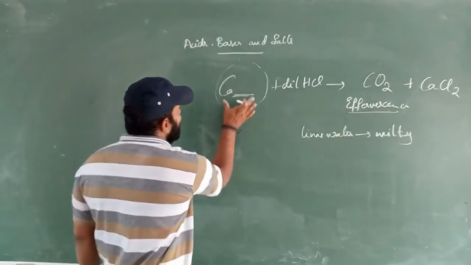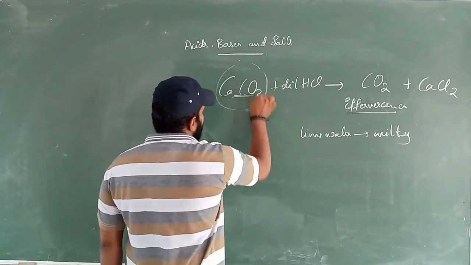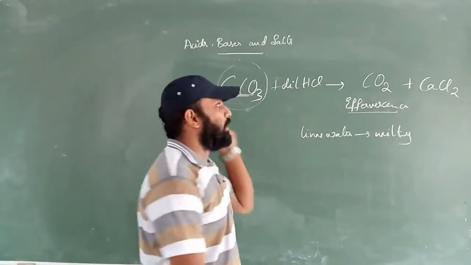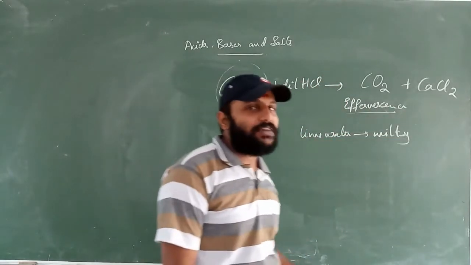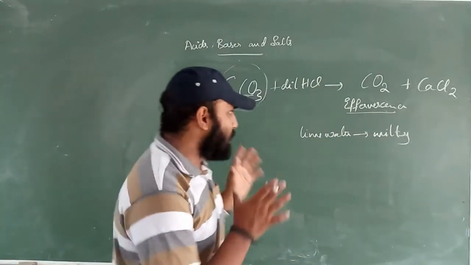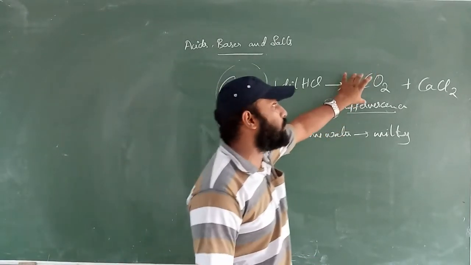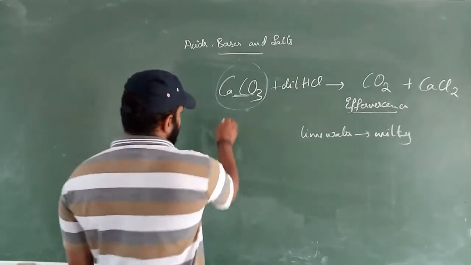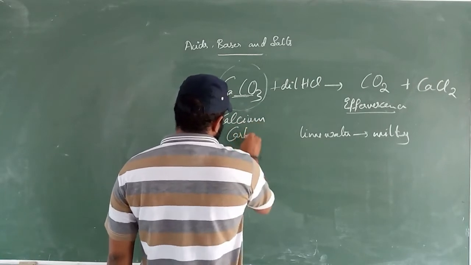Then what is that calcium compound? It is CaCO3, calcium carbonate. If the effervescence turns lime water milky, it is carbon dioxide, and the calcium compound is calcium carbonate.